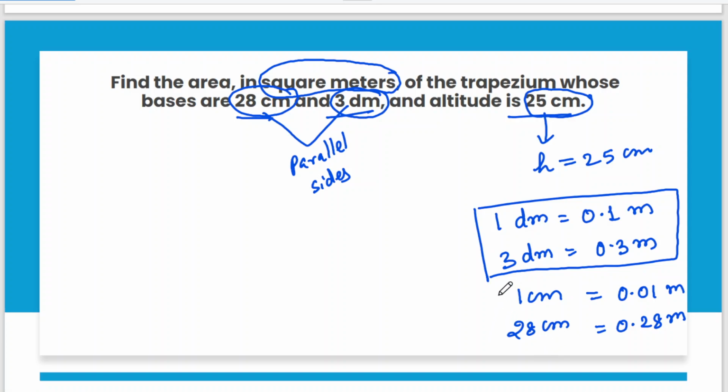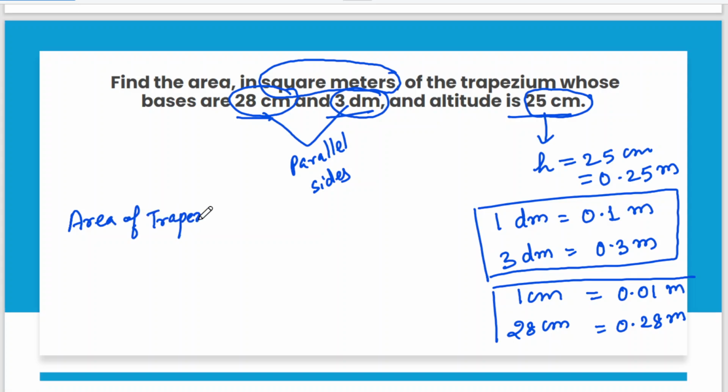Okay, so you have got the other unit. This is 25 units, so we can keep it as 0.25 meter. Okay, now let us use this. Area of trapezium equal to half into sum of parallel sides.